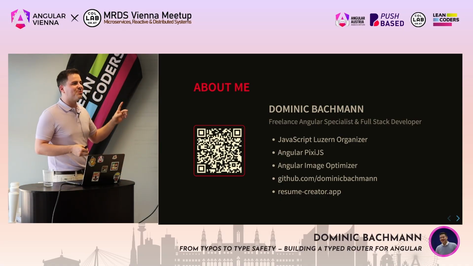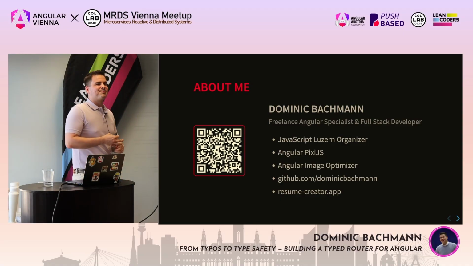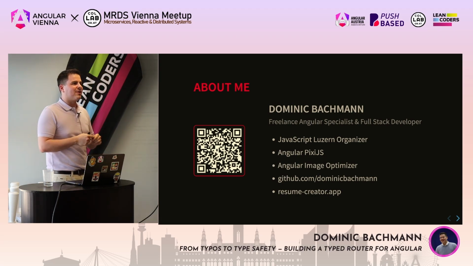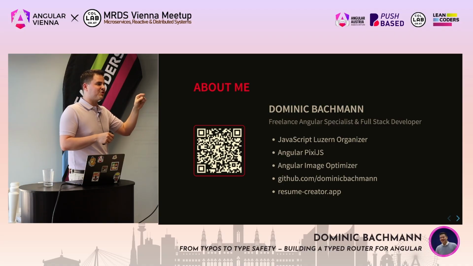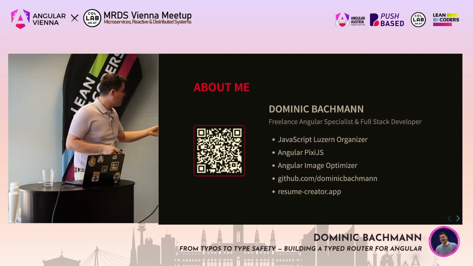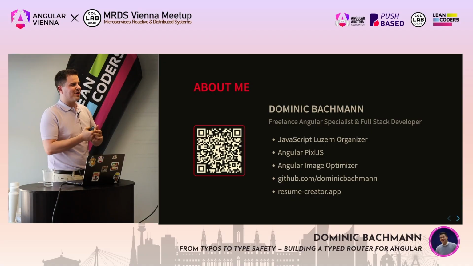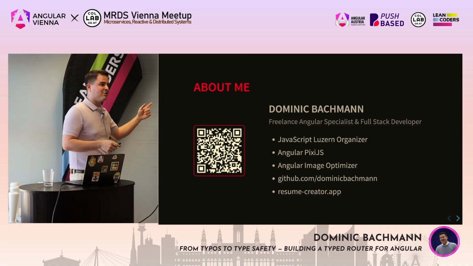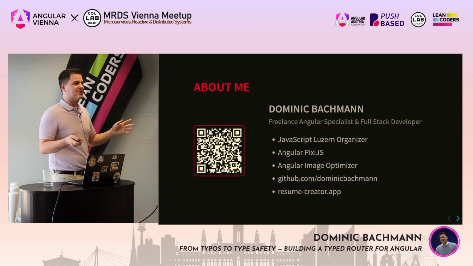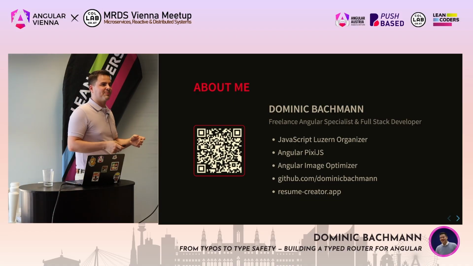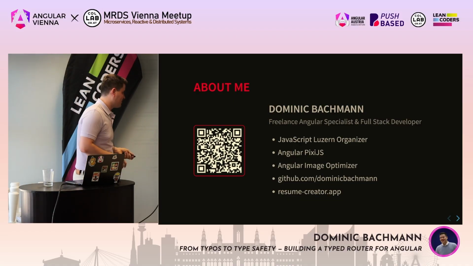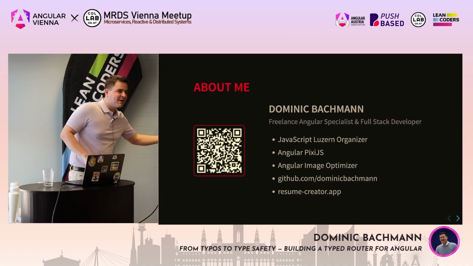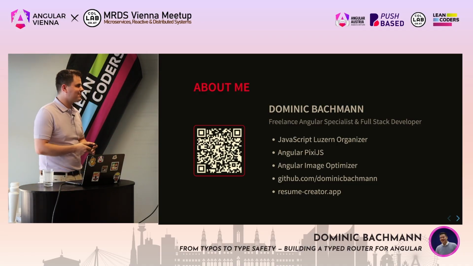And Angular Image Optimizer, which does ng optimized image. You can have a loader which goes to a remote and loads an image in a specific format. The library will create different versions of your image at build time and use those instead, so you don't have to use a CDN.